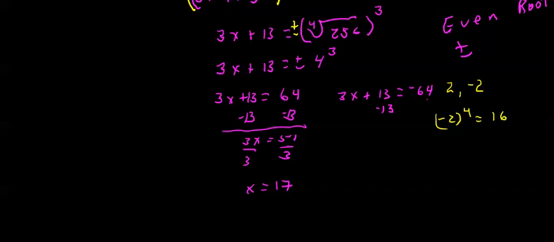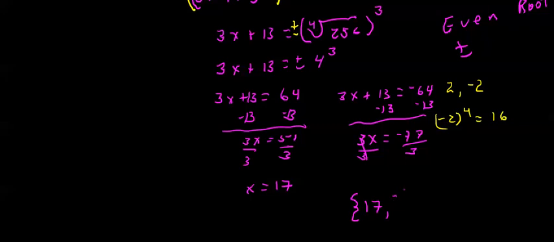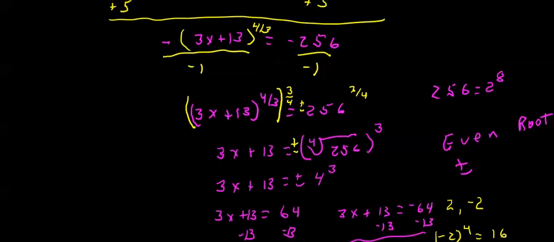Minus 13, minus 13, 3x equals negative 77. Divide by 3, and x equals negative 77/3. So our solution is 17 and negative 77/3.